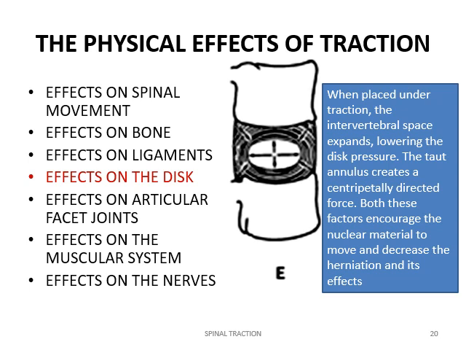This results in tightening of the annulus fibrosus bands in such a way that they are taut in the superior inferior direction, and they try to assume their shortest position, aligned in the vertical alignment of the spine.